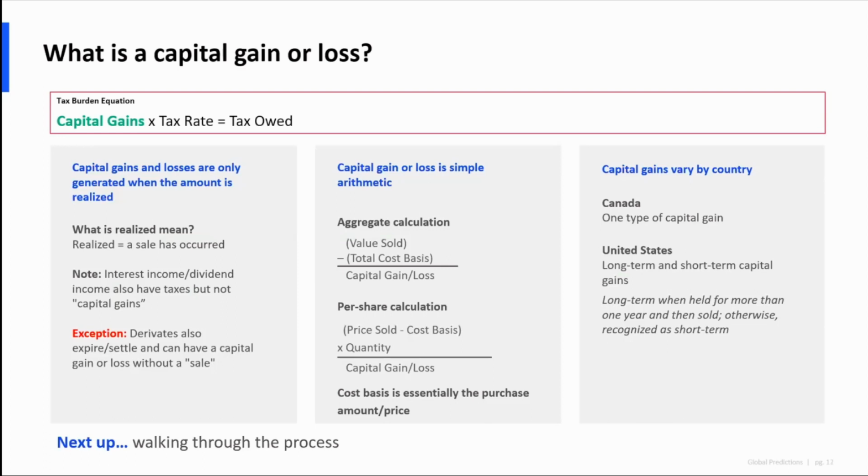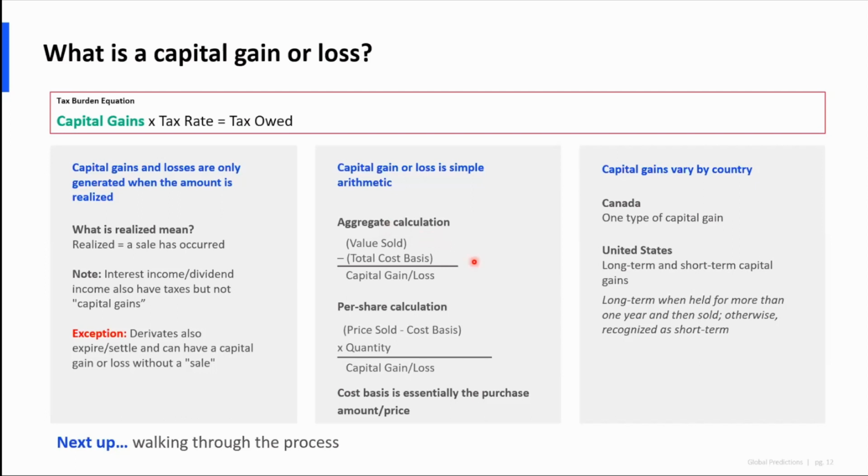Okay, so capital gains and losses are only generated when the amount is realized, which we just went over. The way that you actually calculate it has to do with how much money you've made or lost in aggregate. And there's really two ways to do it. You can either think about the total value that I sold of a particular stock and subtract the total amount that I paid for that stock or security.